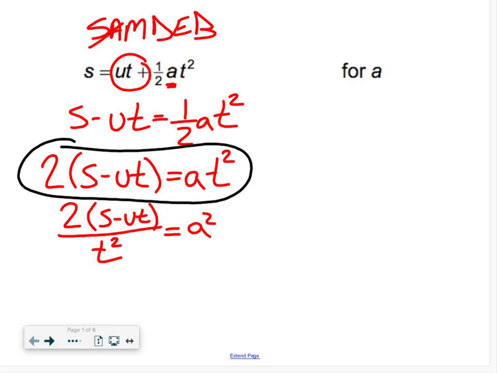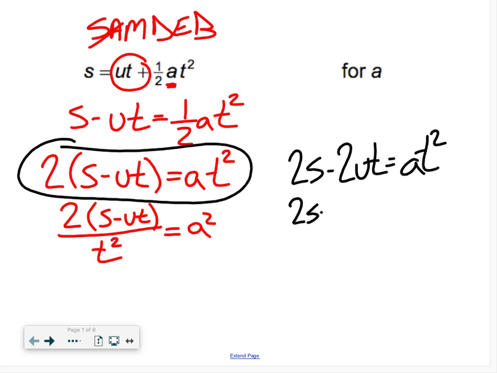They don't put those brackets in because they don't think that they need to. You need to multiply the whole other side. Alternatively, you could have 2s minus 2ut equals AT squared, and then that would become 2s minus 2ut all divided by t squared equals a. And that would still be correct.